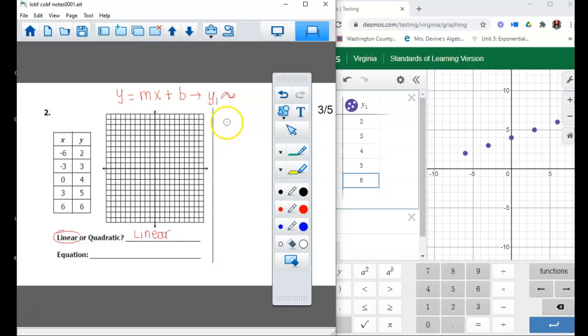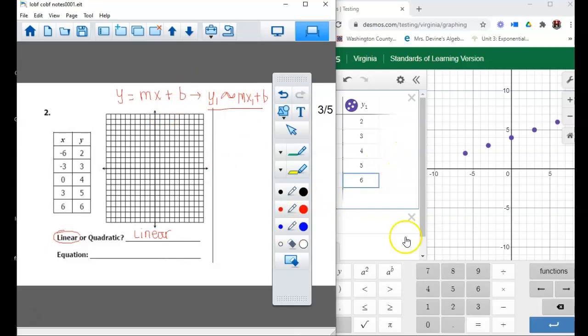Boy, I didn't do a good job drawing that. I'm going to have to make my x an x1, so it's going to be mx1 plus b. So this is what I'm going to type into my calculator to get it to give me the equation. Make the y a y1, the equal sign a squiggle, and the x the x1.